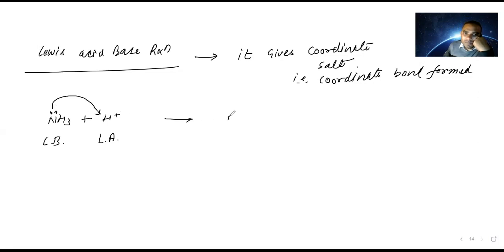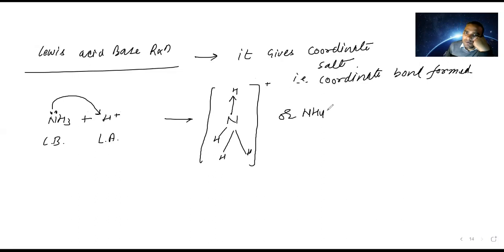So you can write the diagram like that. Here is hydrogen, here is hydrogen, and the coordinate bond is formed like that. So there will be a positive charge as a whole here. Or we can directly write NH4 plus. And the bond name is going to be coordinate bond.